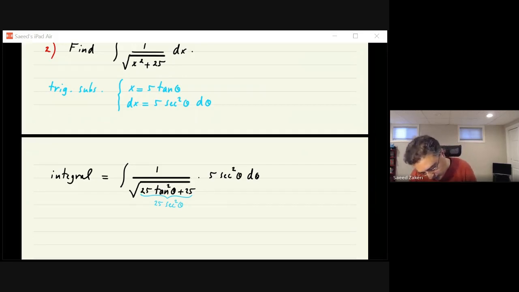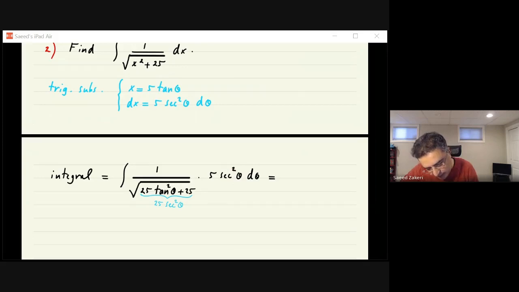So I have 5 secant theta on the bottom. It cancels a 5 right here. And one factor of secant theta on the top. So I cancel 1 secant theta on the top with 1 secant theta on the bottom.